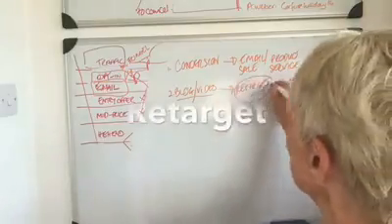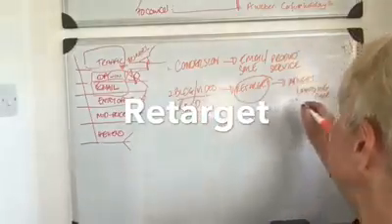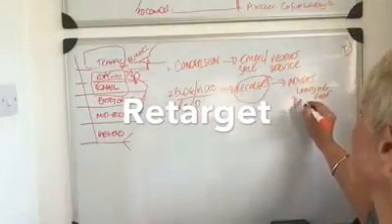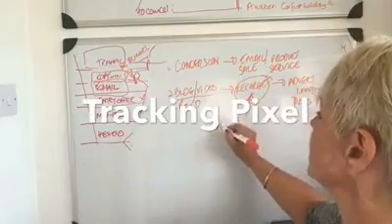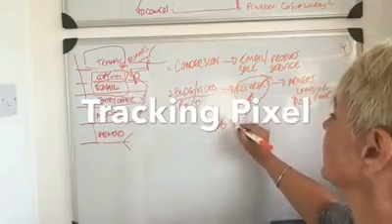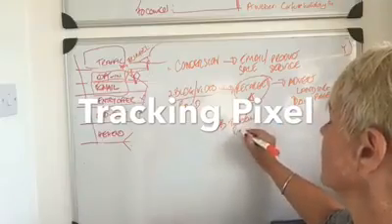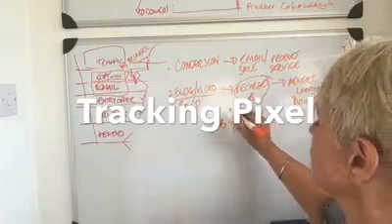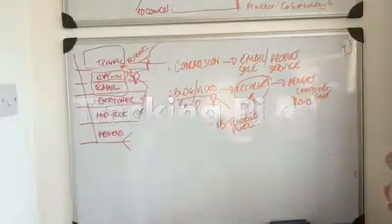And this retarget, so that's a paid advert and that's a paid advert, and this retarget comes from having a Facebook tracking pixel on the relevant page, which would be wherever you're housing your blog or video.